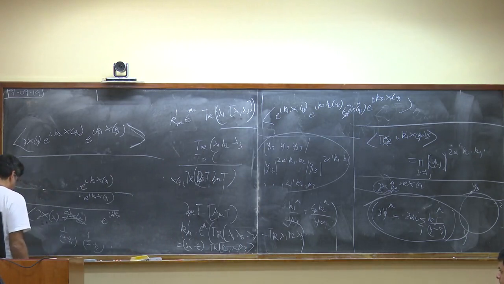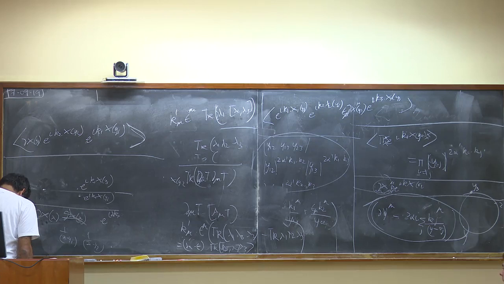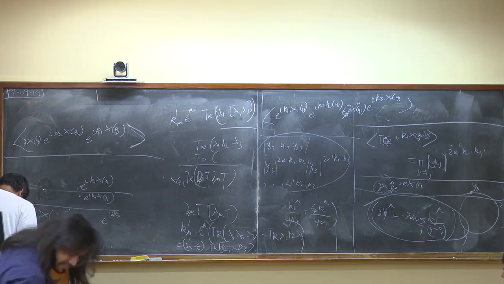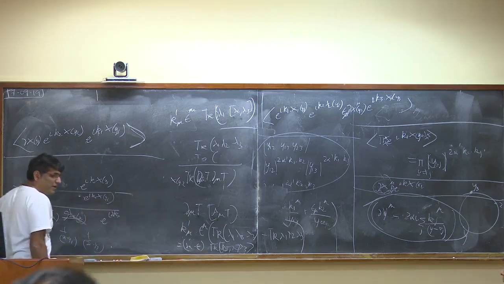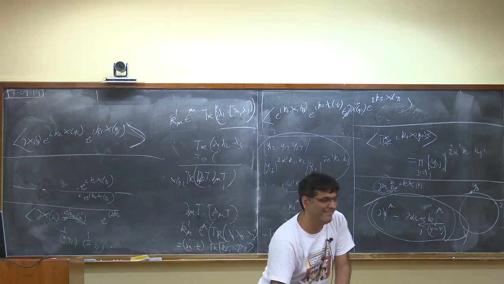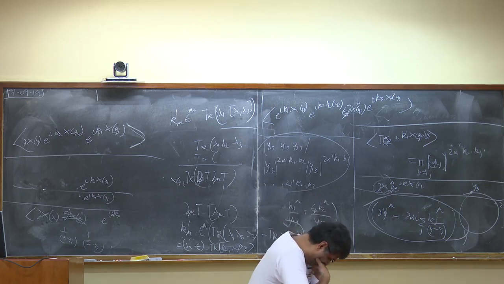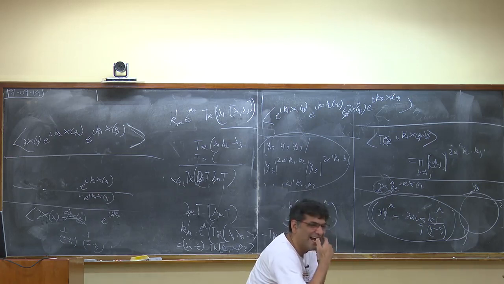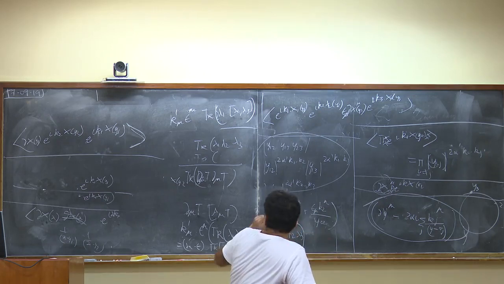You're saying we're not getting an answer that is invariant under 1 goes to 2. So surely that must be the answer. That's why the commutator is necessary. You're absolutely right.